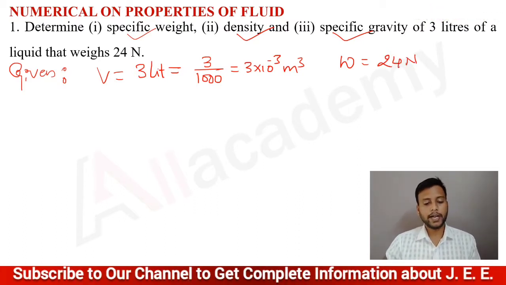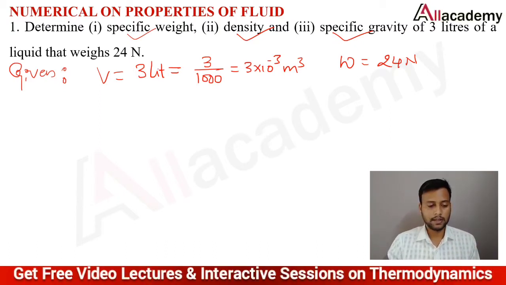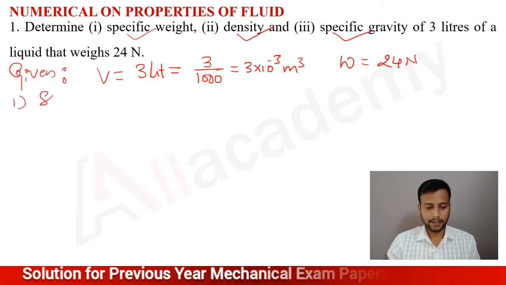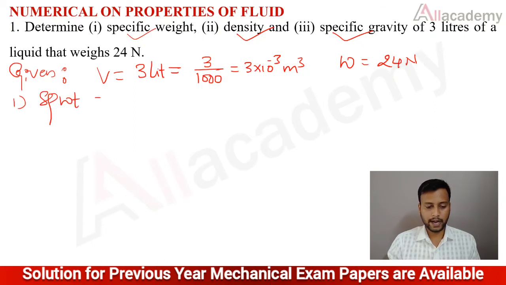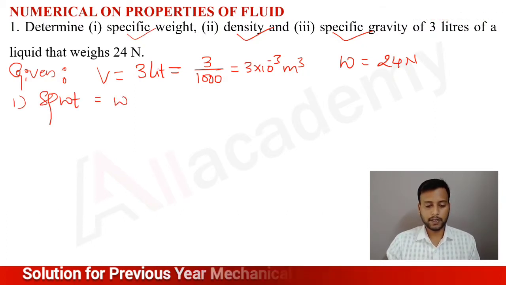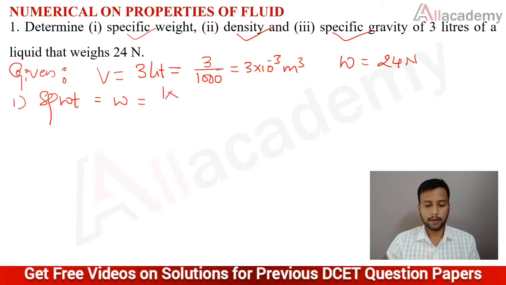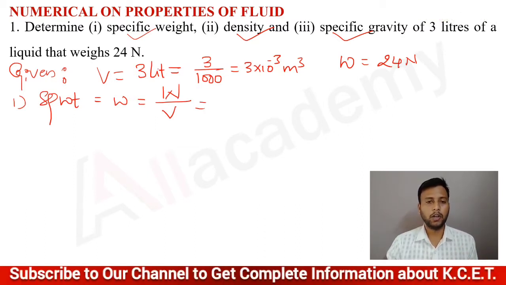Now what we need to identify? Specific gravity, specific weight, and density. Already we have the list of formulas. The first one is specific weight. The specific weight is denoted by small w, and it is capital W divided by volume, that is weight of a fluid to volume of a fluid.